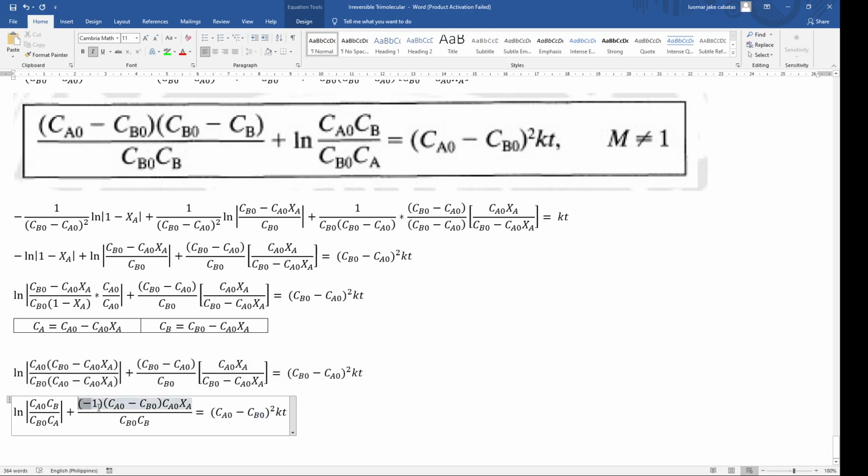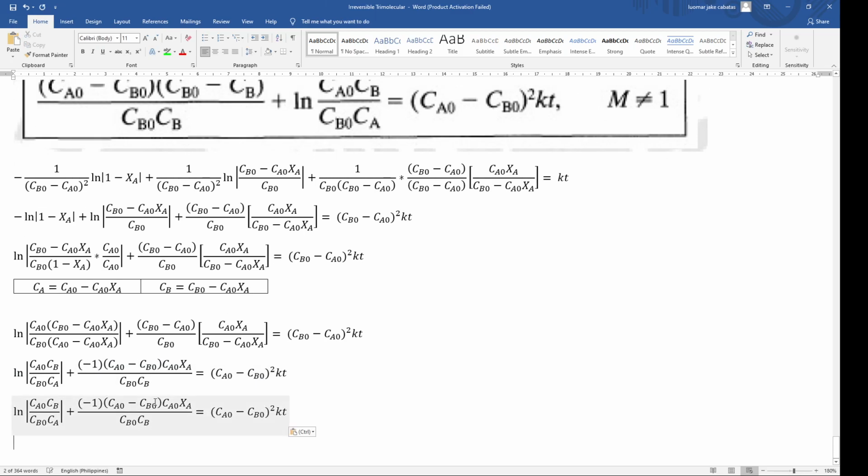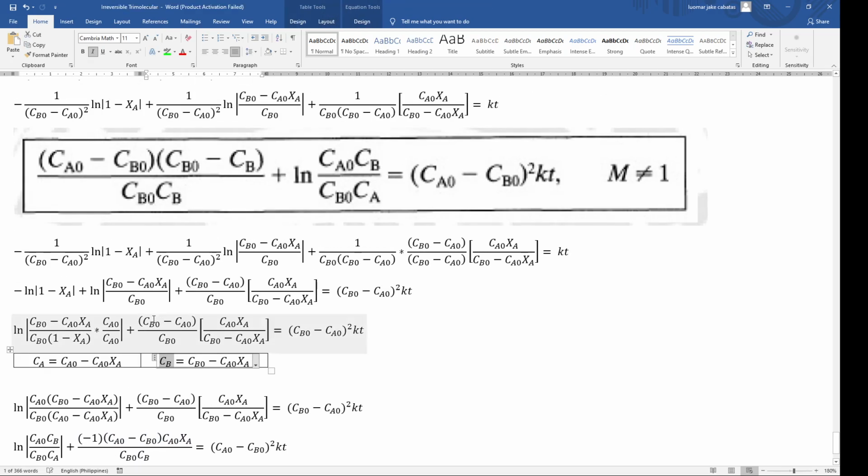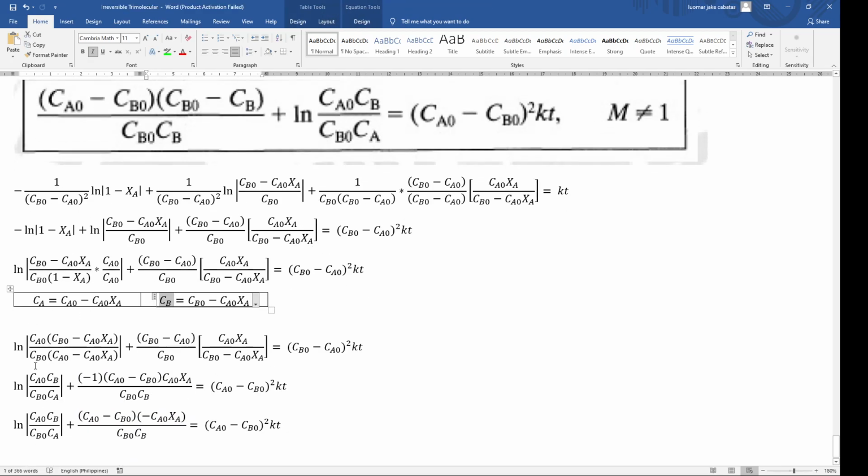This one na lang. So we have -1, so it's negative. There you go. And then if you remember, in this case gamit niya C_B, pero pwede po na to gamiton si C_A.